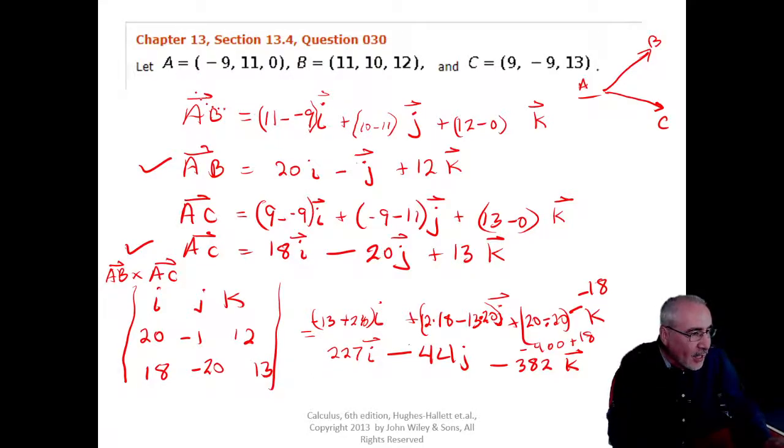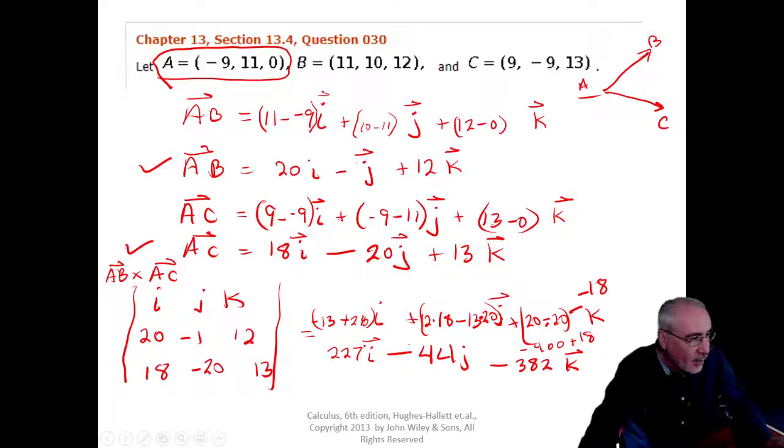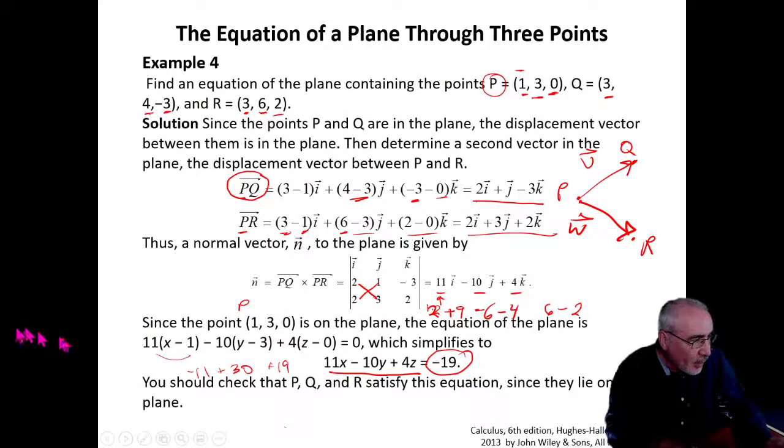So then again, to find the equation of the plane itself, I take my point A, and the component here, I, is now going to be, notice the I became X minus the point, Y minus the point, Z minus the point.